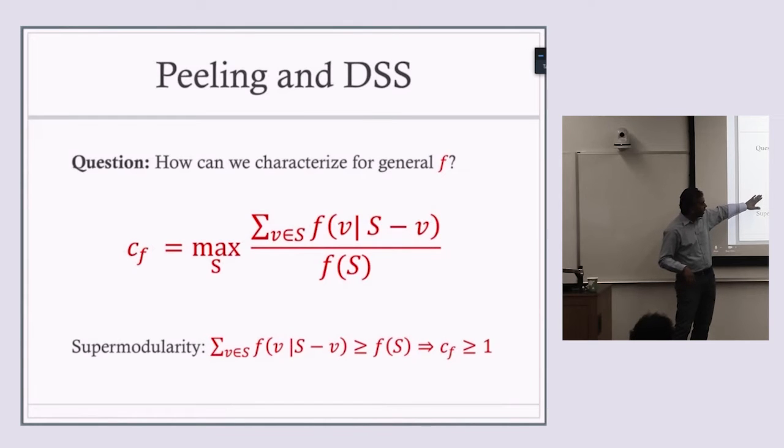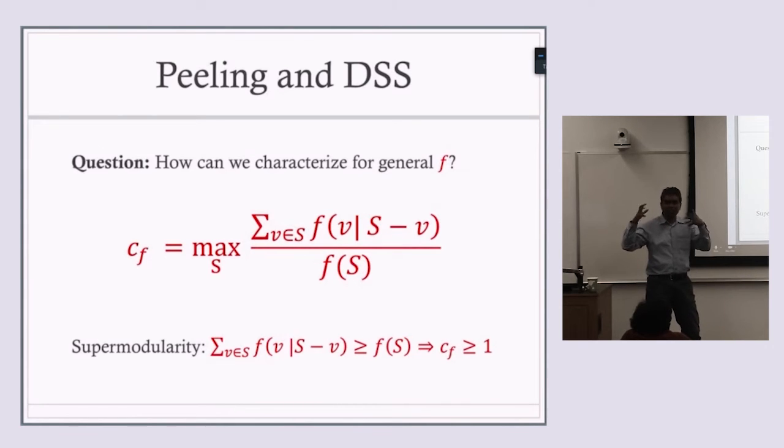I hadn't encountered this before, so we made it up for the analysis's sake. It makes sense only for supermodular functions. You can define some notion of its curvature or its behavior.